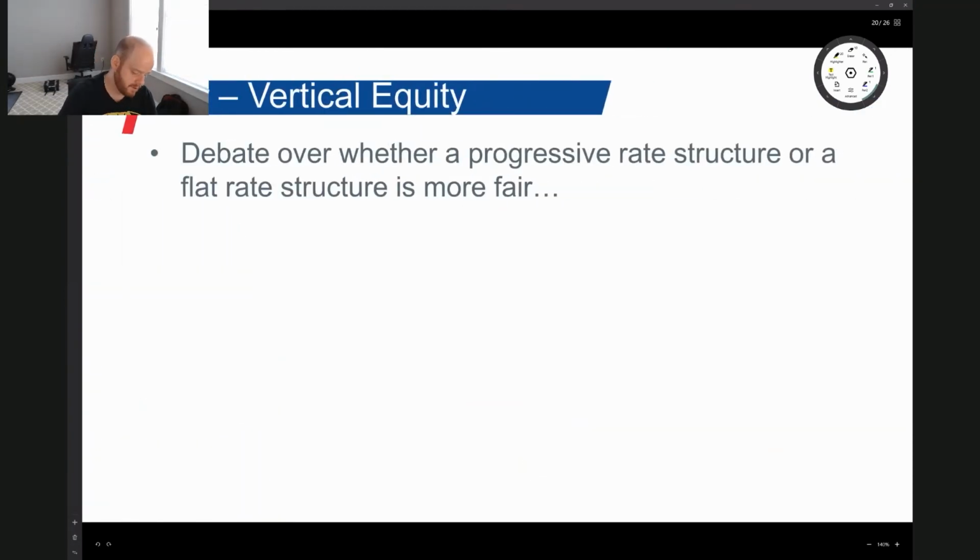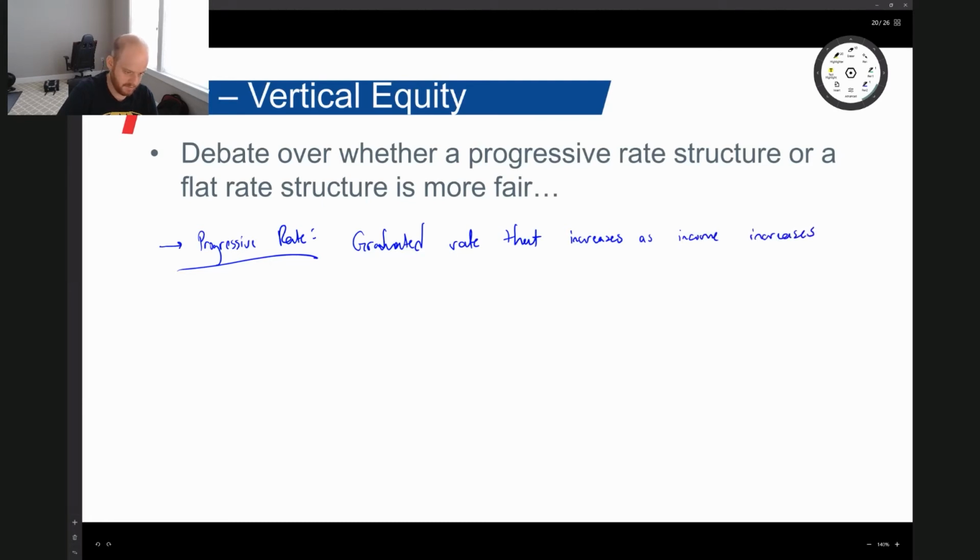So if you remember, with a progressive rate, there's a graduated rate that increases as income increases, right?